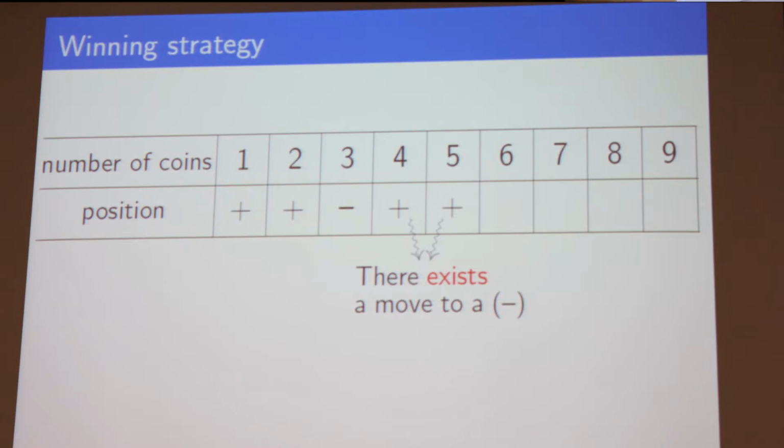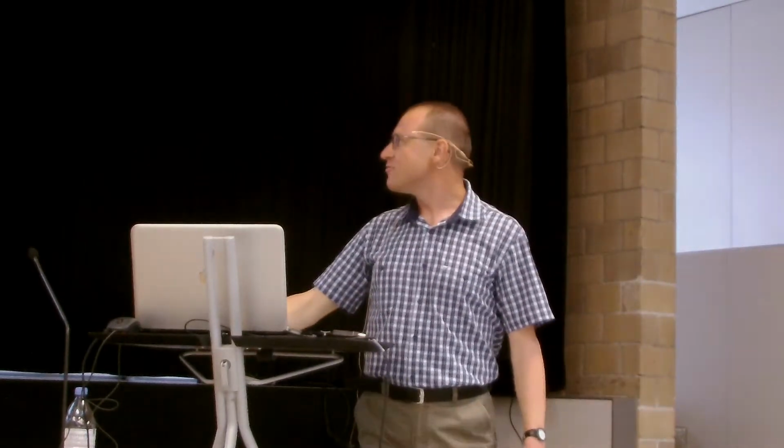It's a plus. 5 coins, again you have the possibility to take out 2 coins and bring your opponent to a minus, to that unfavorable 3-coin position. Alice didn't take advantage of that, she took out 1 coin, but the 5-coin position is a winning one.